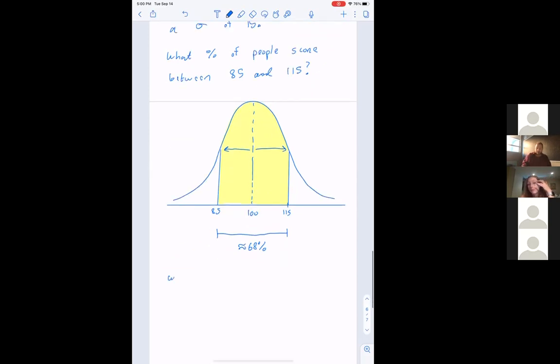Have a harder question. What percent is between 100 and 130? And don't just say the answer if you see it, because I want to give people the chance to think about it. But what percent of IQ scores will be between 100 and 130?